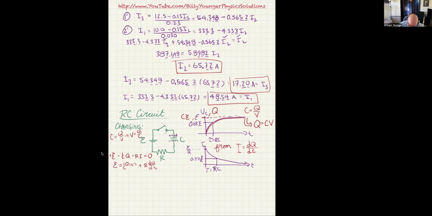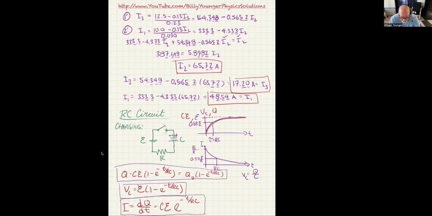So that's the differential equation that came from Kirchhoff's loop rule. And like I said, your book does go about solving that. I'm not requiring you to do it, but I am requiring you to use the results, and here the results are. So we've got Q is equal to C times E times parentheses 1 minus e to the negative t over RC, and we call that quantity RC.